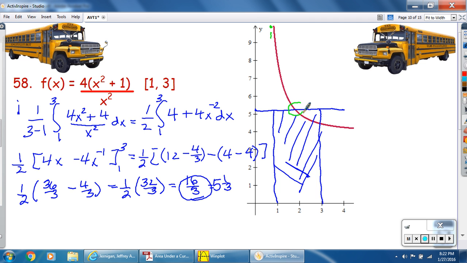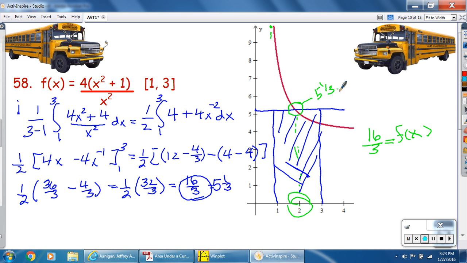Now this is the average value. It's the y value. That's 5 1/3 or 16 thirds. The mean value is what you get. It's the x value that produces, I don't know that it's 2, but I'm just somewhere in this vicinity is the mean value. The way that we would get that is we would take 16 thirds and set it equal to the original function f of x to see what x value is producing that y value.